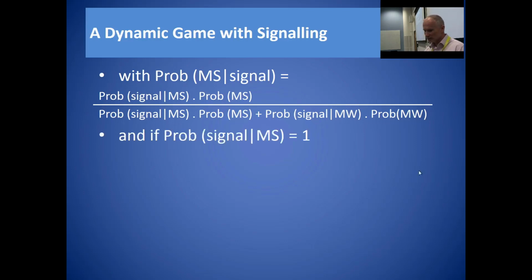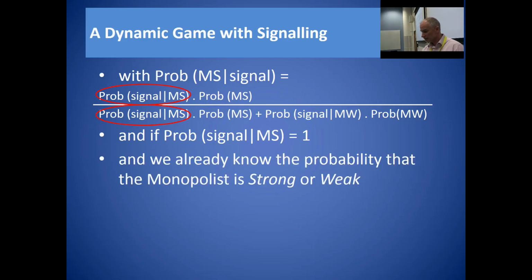Well, we've said that the probability that the signal will be sent if the monopolist was strong was 1. The strong monopolist would always send the signal. So the signal, given that the monopolist is strong, that term there is equal to 1. And we already know, so those terms are going to drop out, it's going to be equal to 1.